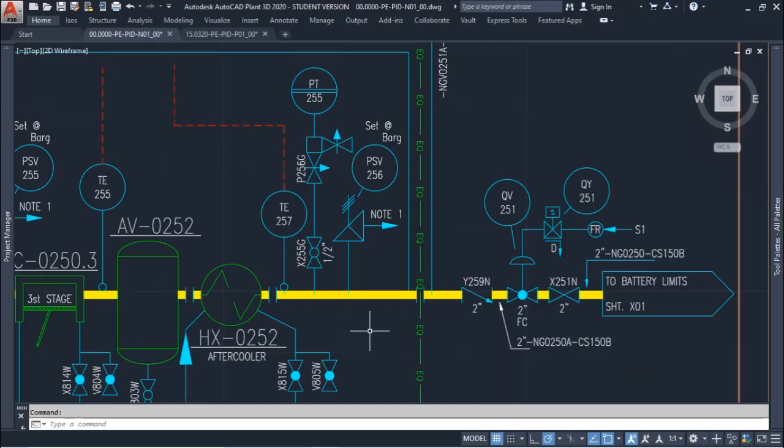For instance, in the nitrogen compressor discharge, I have the same CS 150B pipe material, so it means that we have already set the maximum allowable working pressure of the system, and we have a PSV, a pressure safety valve.